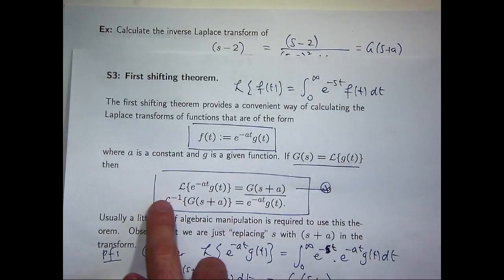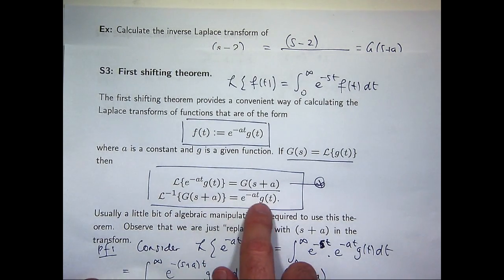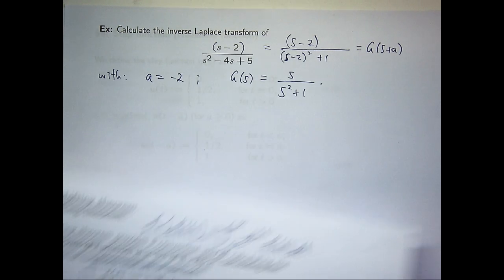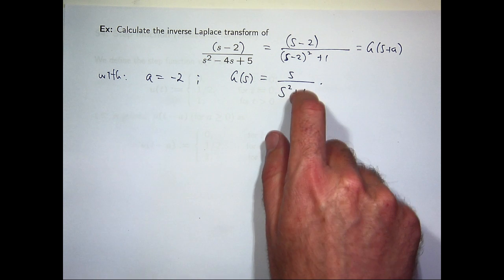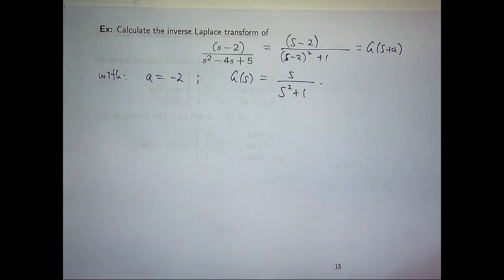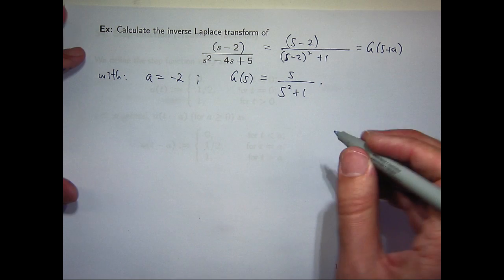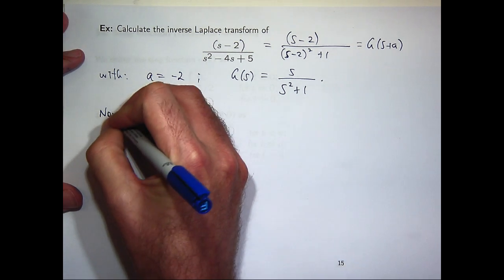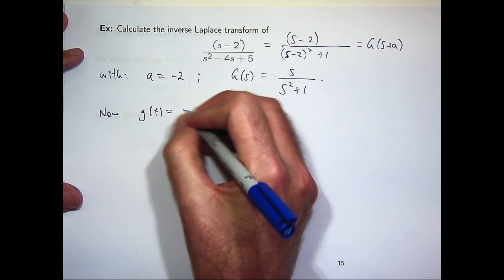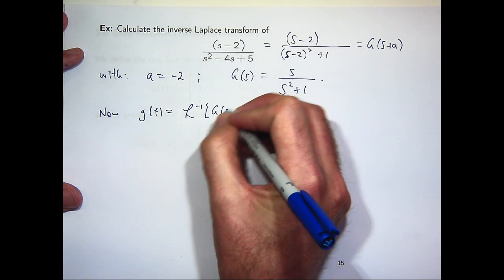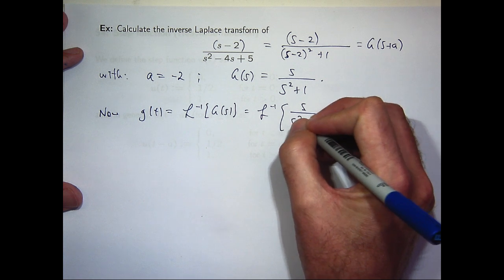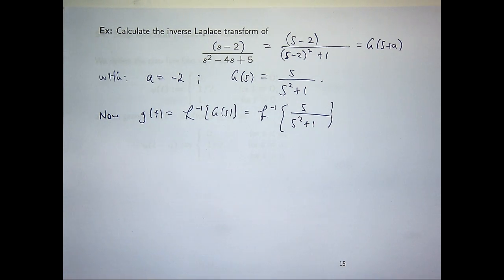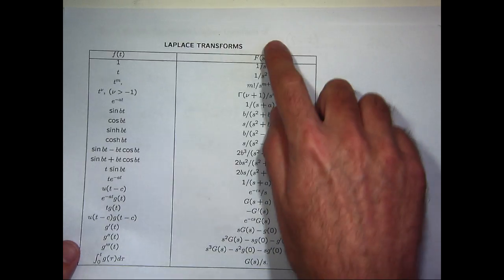So the first shifting theorem says the inverse transform is just little g of t times this exponential. Little g of t is the inverse transform of this. So let's calculate the inverse transform of this, and then I'll multiply through by e to the minus at. The inverse transform of s on s squared plus 1, well, let's have a look down our column.